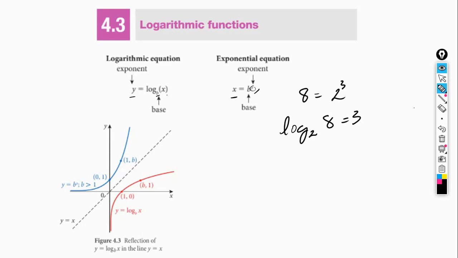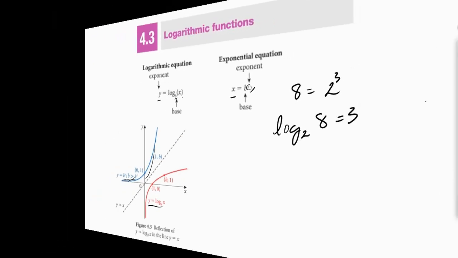Then you can see here on figure 4.5 that y equals log b of x is the reflection of y equals b to the x across the line y equals x. So this here is the exponential function, y equals b to the x, and this is the logarithmic form of the function, y equals log base b of x.